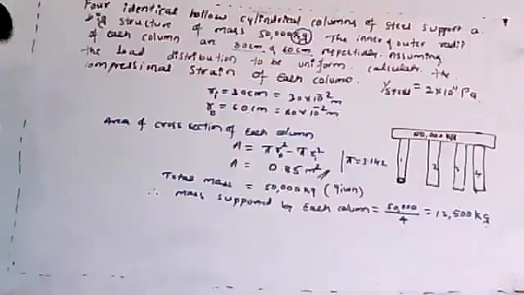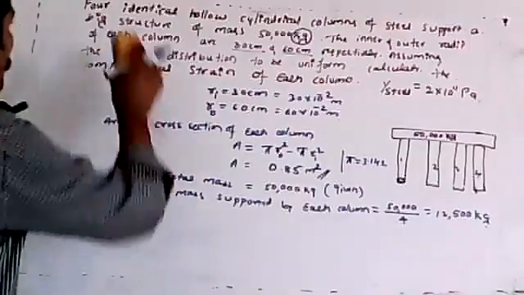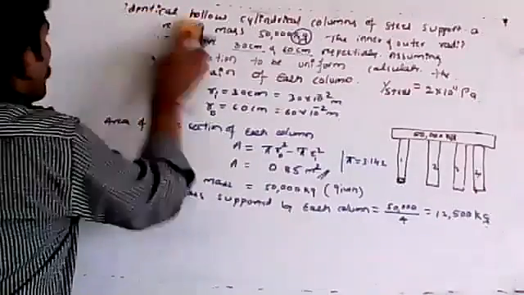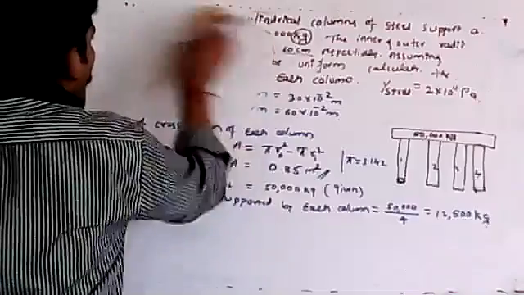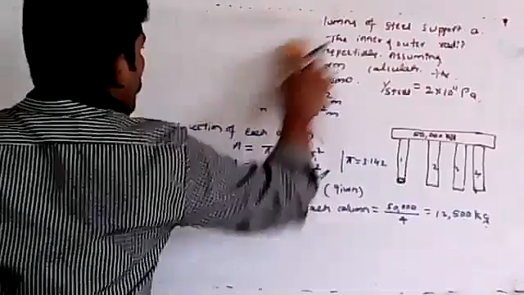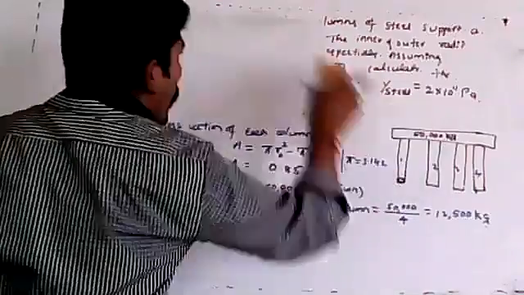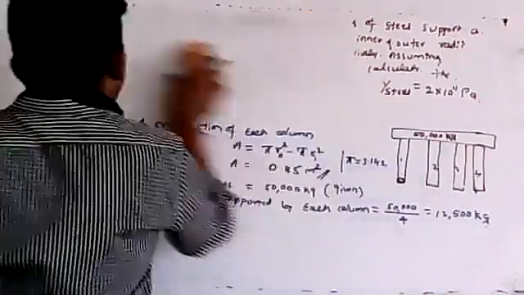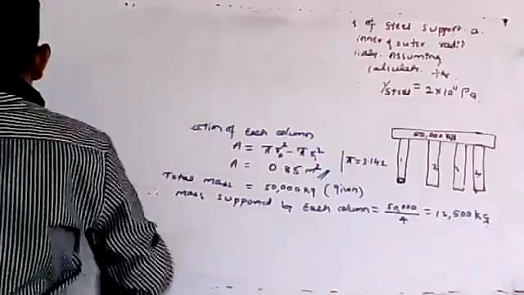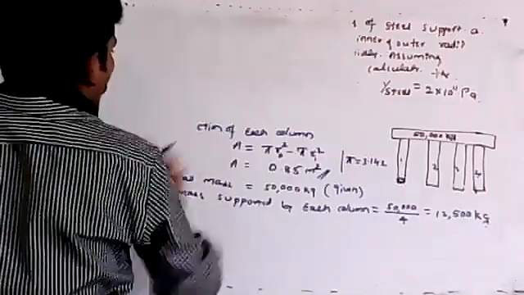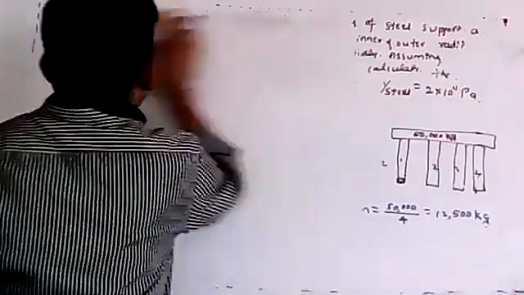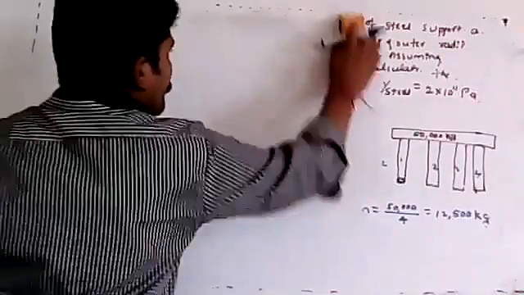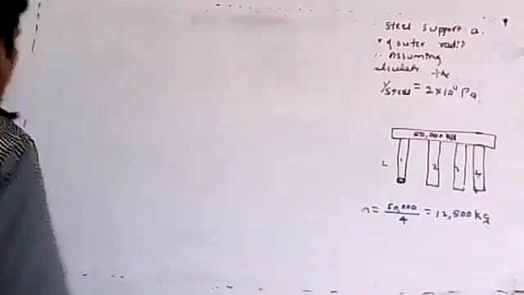To calculate that, we know the formula. What is that formula? Young's modulus. Why? Because these are the columns, and for columns we take Young's modulus.